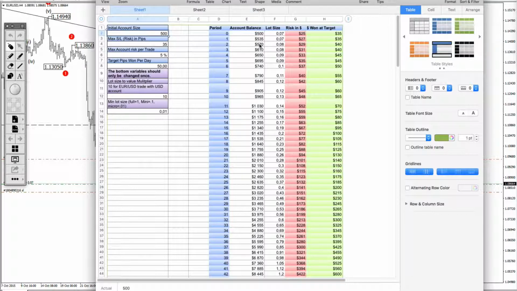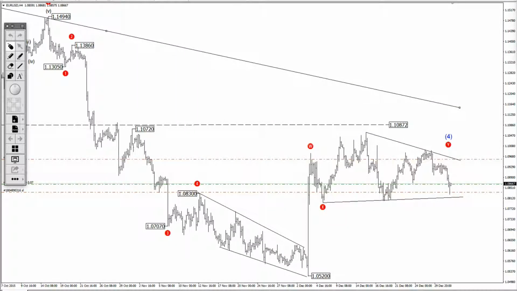So when my account hopefully grows, then I can increase my lot sizes. And you can of course play with these numbers and put your own amounts here depending on your risk tolerance and your account size. This can be found on my website forexdaybreak.com.